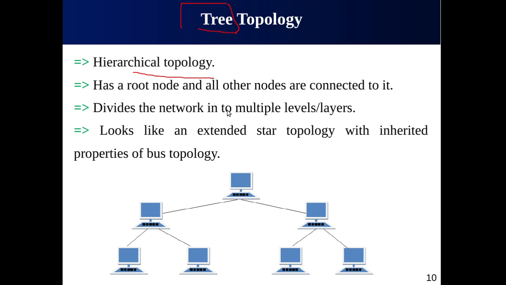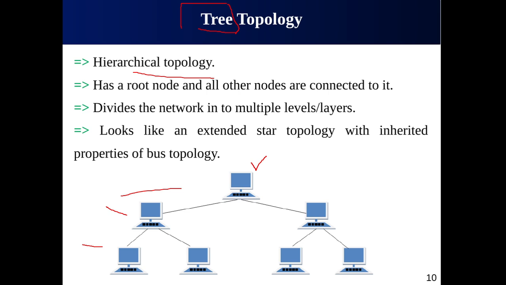And the tree must have a root node where all other nodes are connected to it, and it actually forms a hierarchy. And we have different levels in the tree, and we have different nodes at each level. So this topology actually divides the network into multiple layers, or you can say multiple levels of the network.